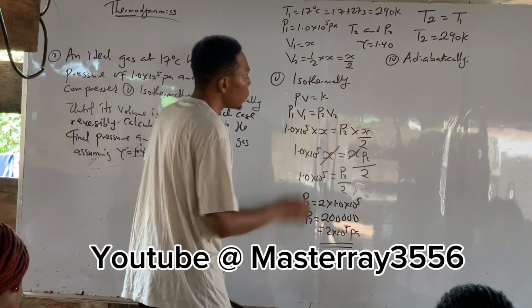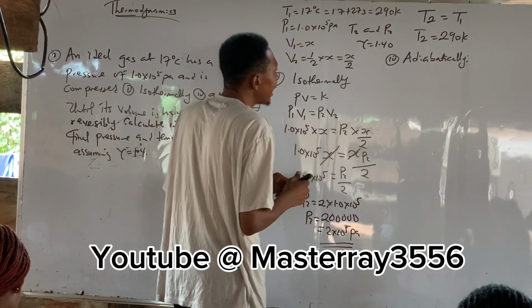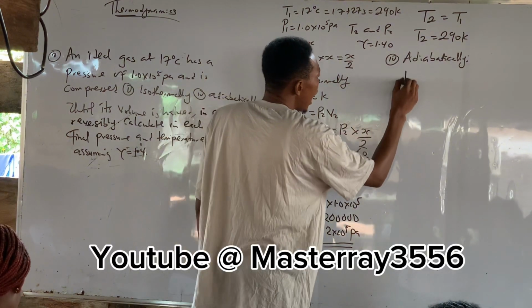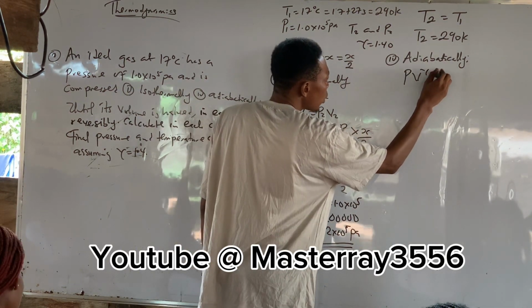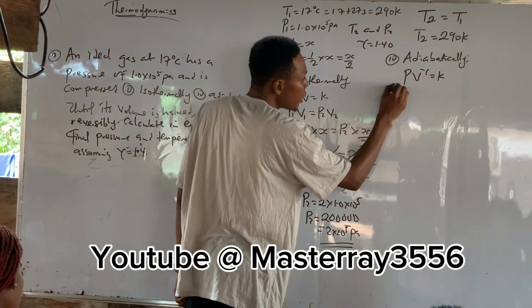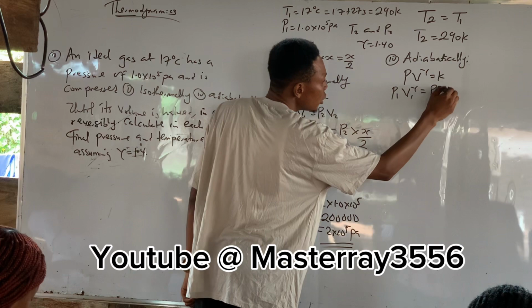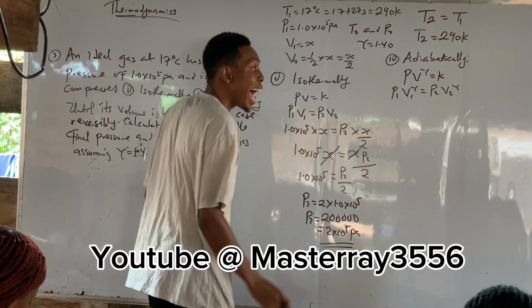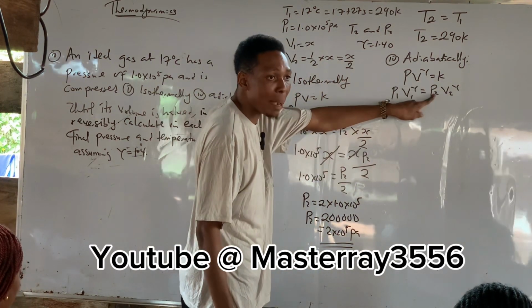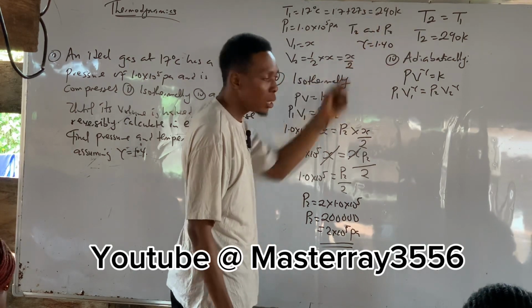Now the next one, adiabatically, we have PV gamma equals K, right? That is P1 V1 gamma equals P2 V2 gamma. You can see adiabatic is the one that deals with gamma, not isothermal. Is that clear? All right.